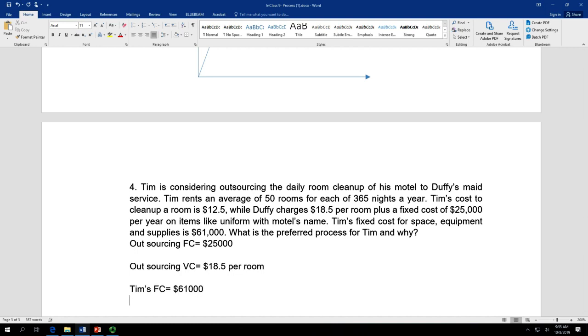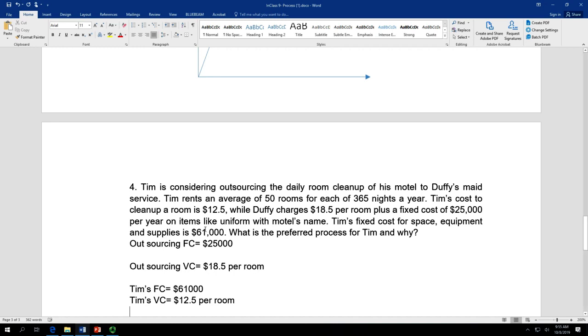And the team's variable cost equals 12.5 per room.